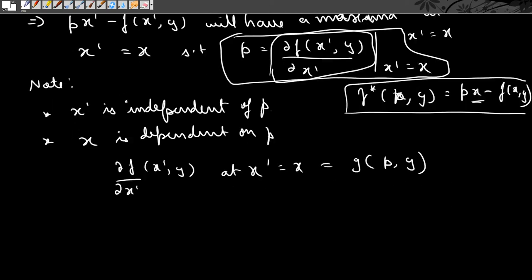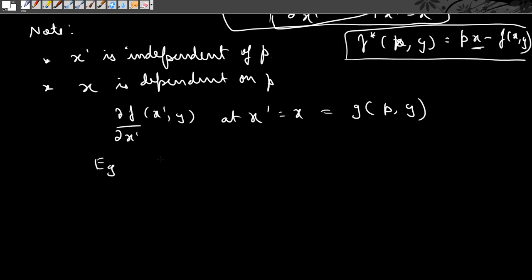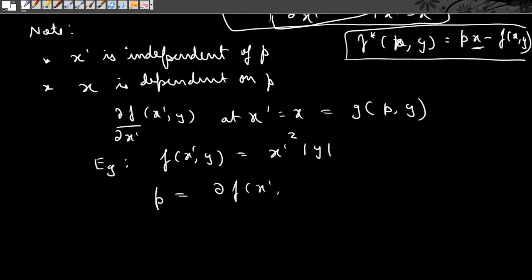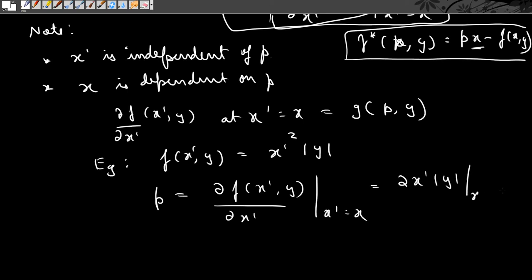To understand this, let us consider an example. Let us say that f of x dash y is equal to x dash square times mod y. Then the value of p is equal to dou f of x dash y by dou x dash at x dash equal to x. This is equal to 2 x dash mod y at x dash equal to x, which is equal to 2 x mod y.